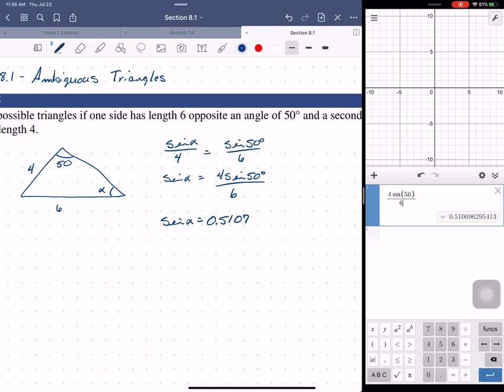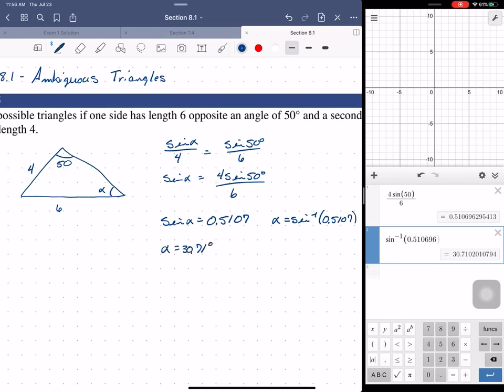So we can find alpha. We know how to use the inverse sine. And so let's do that. Inverse sine of 0.510696. And I get that alpha equals 30.71 degrees.